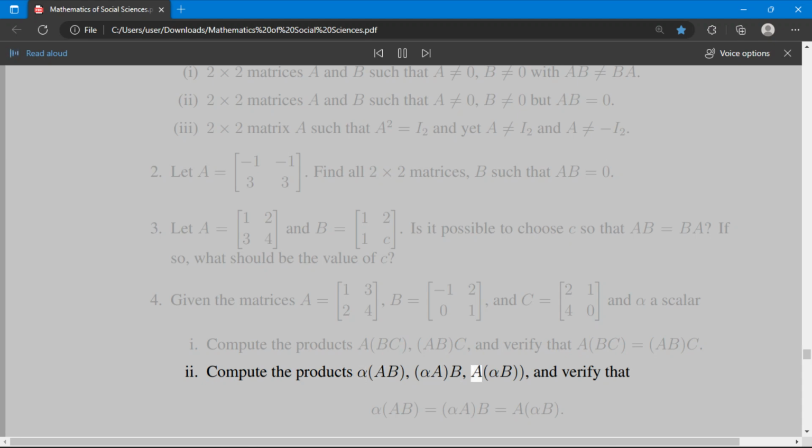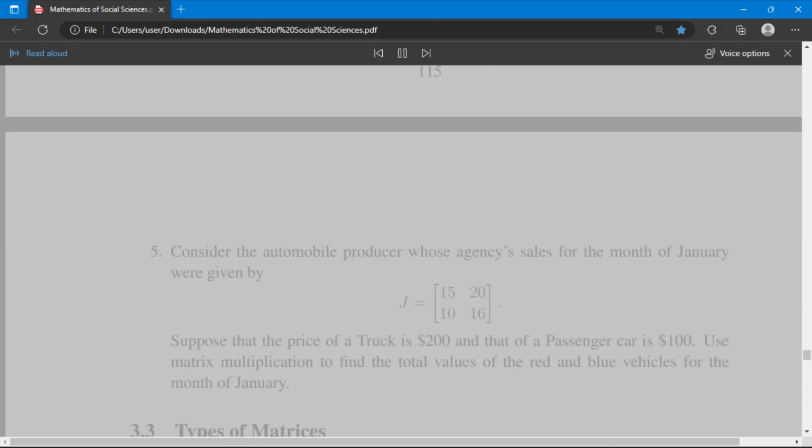Compute the products alpha(AB), (alpha A)B, and A(alpha B), and verify that alpha(AB) equals (alpha A)B equals A(alpha B).